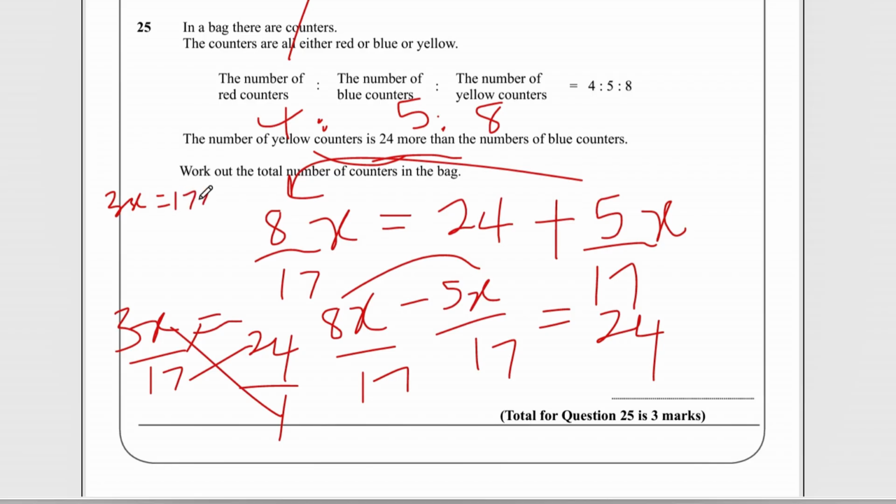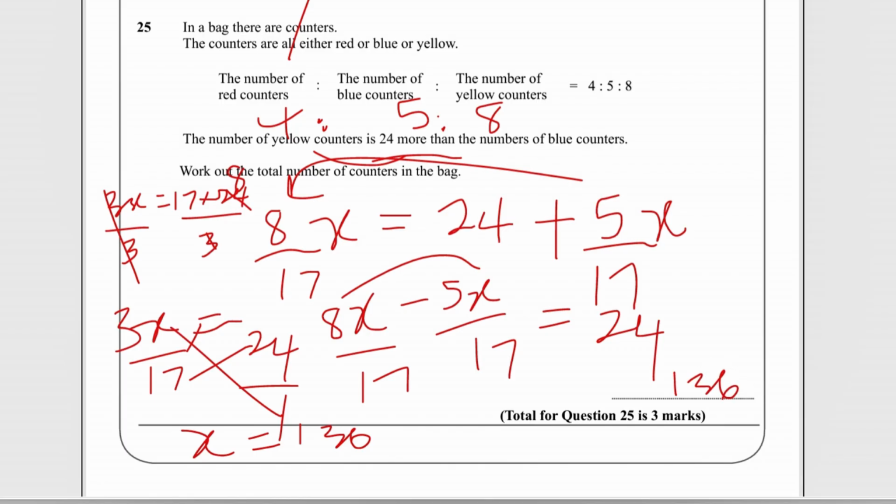So you can divide by 3 over 3. And X will be 17 times 8, since 3 into 24 is 8, which is 136. So the total number of counters in the bag is 136. Take note, there are other methods as well.